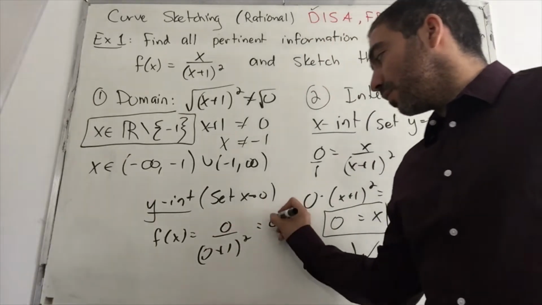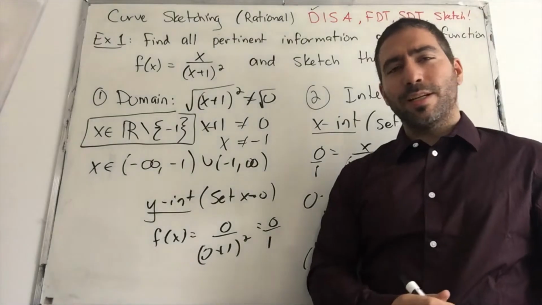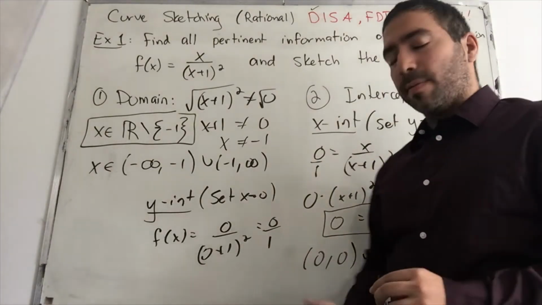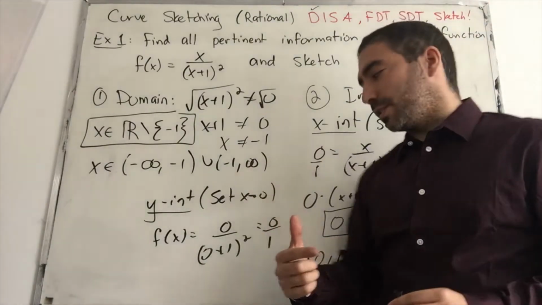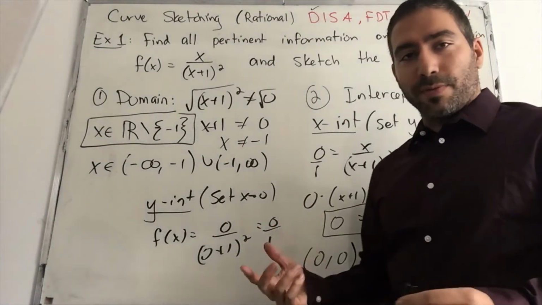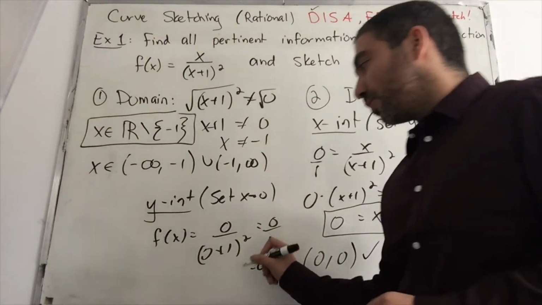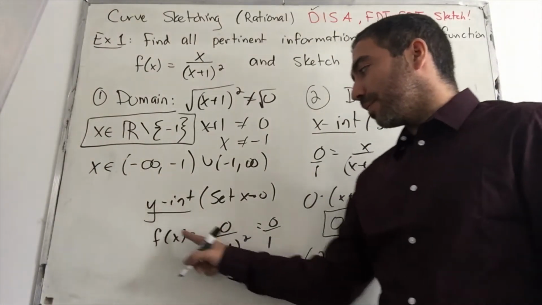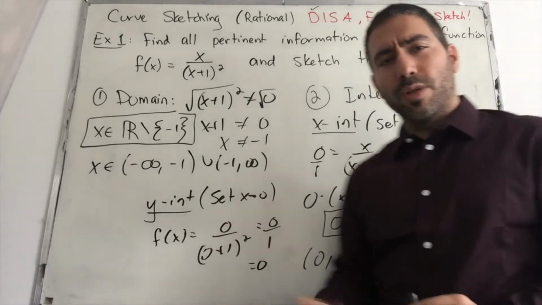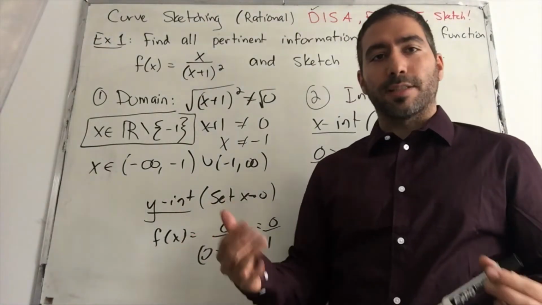This is equal to 0 divided by 1. Do we have an issue here? No, it's not the same as 1 divided by 0. Dividing by 0 is an issue in math, but 0 divided by a number is fine. 0 divided by anything is just 0. So we get the fact that the y-intercept is at the point (0, 0), which we already knew from the x-intercept. So essentially this function is passing through the origin.